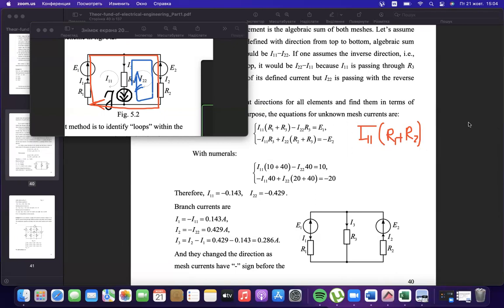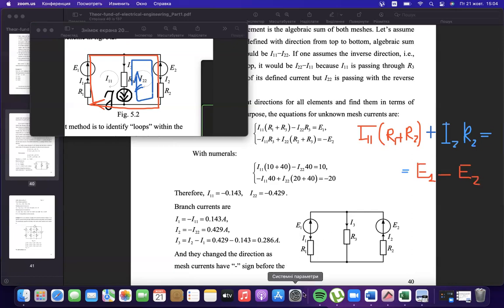That means that it will be positive. It should be plus I2 on R2 equals the source that we have in this circle. It equals E1 minus E2.